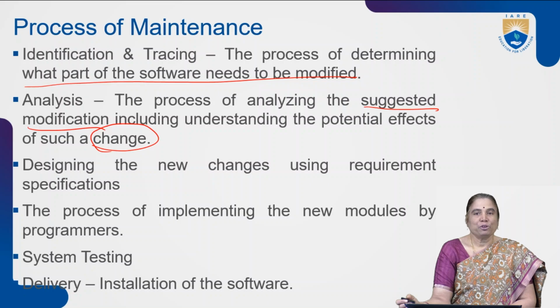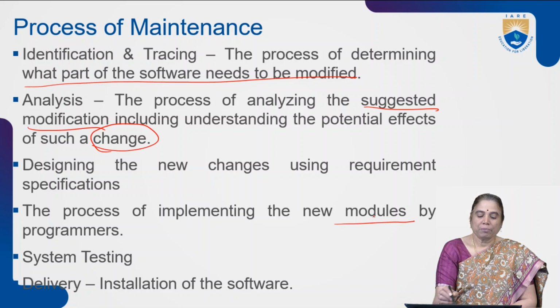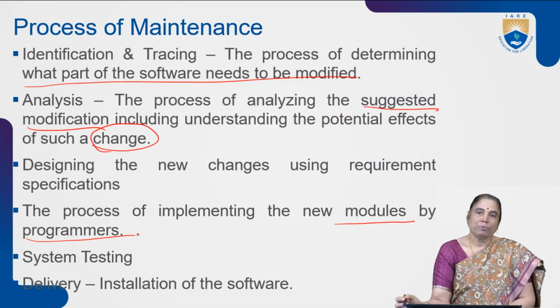Then designing the new change using the requirement specification. The process of implementing new modules by the programmer is done in the implementation phase. According to this change, the new code must be generated or existing code must be modified.